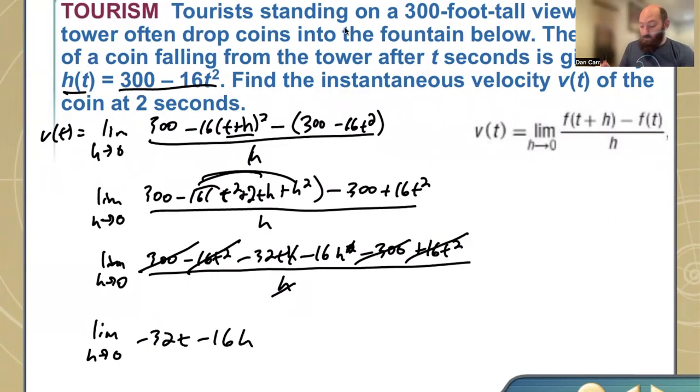Since h approaches 0, my velocity function is v of t equals negative 32t.